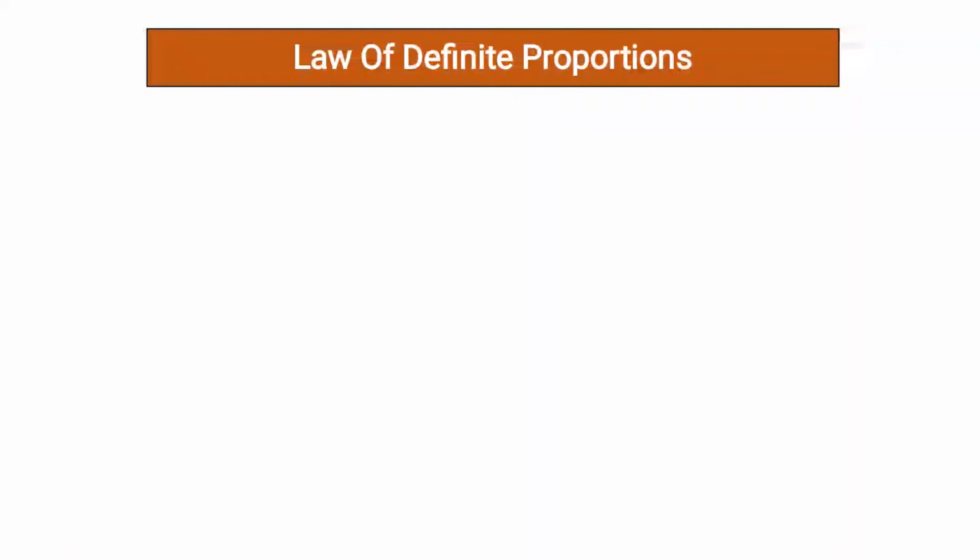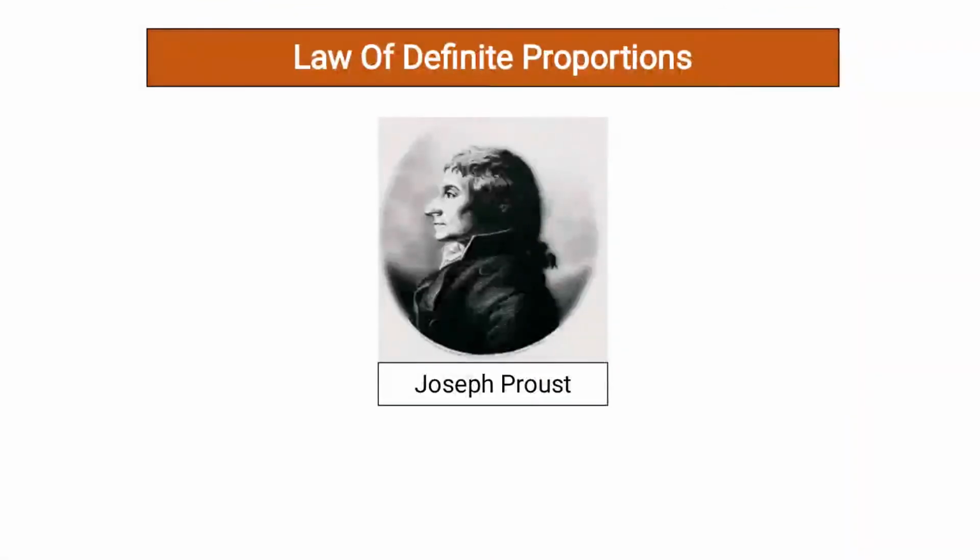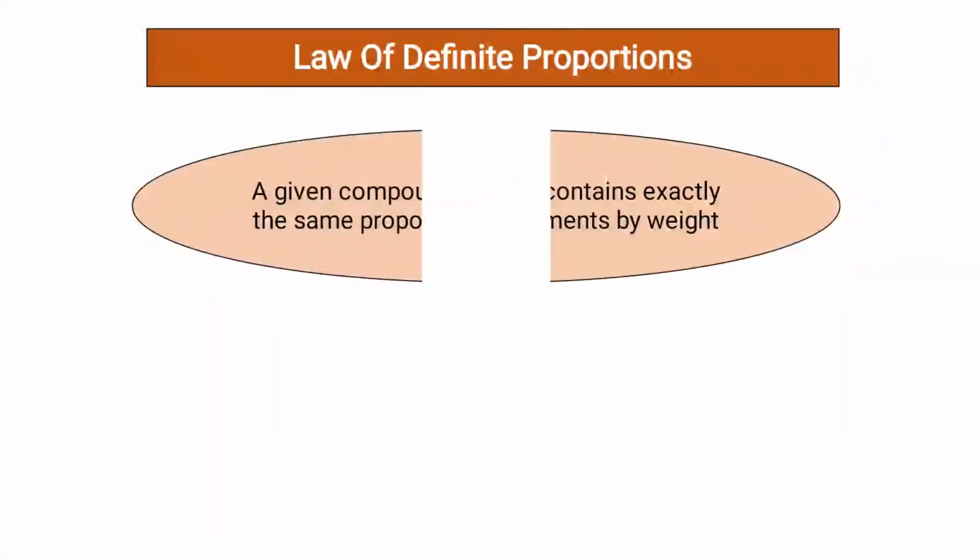Going to the second law, that is the law of definite proportion. This law was given by the scientist Joseph Proust, and the statement of this law is: a given compound always contains exactly the same proportion of elements by weight.